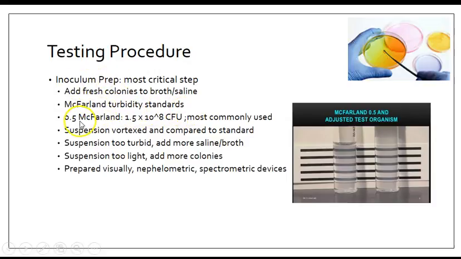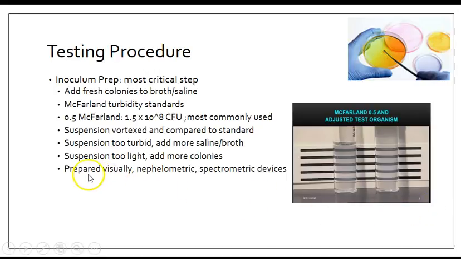The most common one is the 0.5 McFarland standard, and that's equal to 1.5 times 10 to the 8 colony forming units per milliliter. So you just put some organism in there and you compare it to the standard. If it is too thick, too dark, too heavy, you add more saline or broth. If it's too light, you just add more organism.